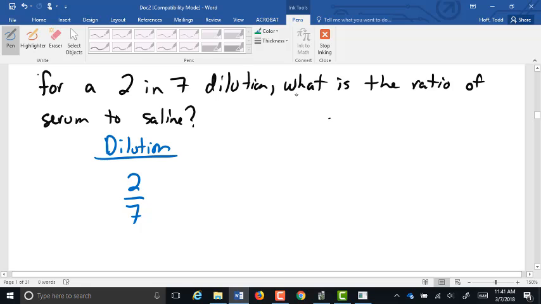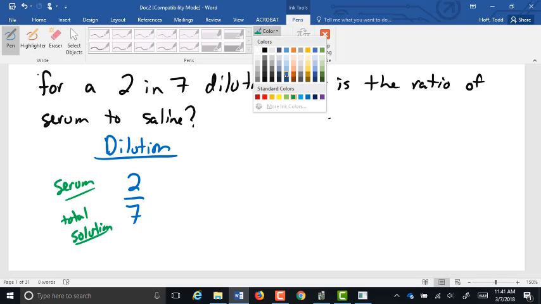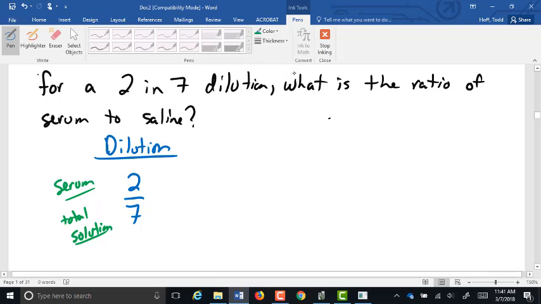Okay, so the dilution given here is 2 in 7. But remember that 2 stands for the parts of serum, and the 7 stands for the parts of total solution. The ratio that we want is the ratio of serum to saline.